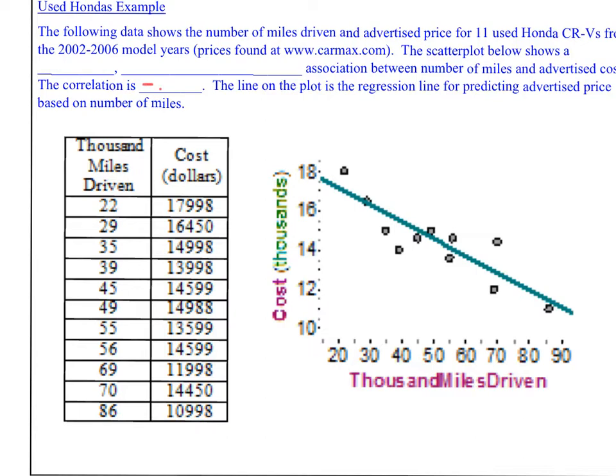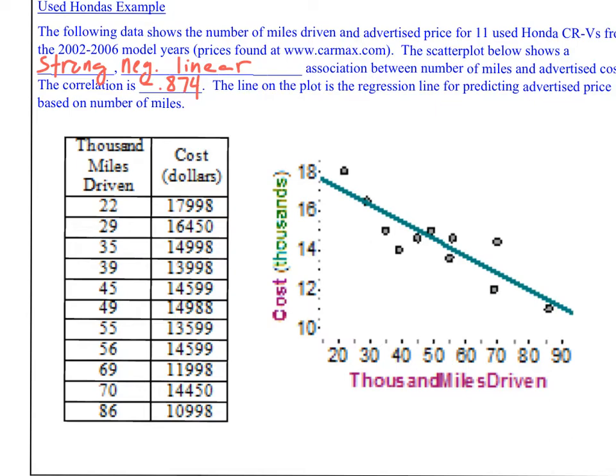If you were to throw all this into your calculator, you would see an R value of -0.874. I'm okay calling that a strong negative linear association.